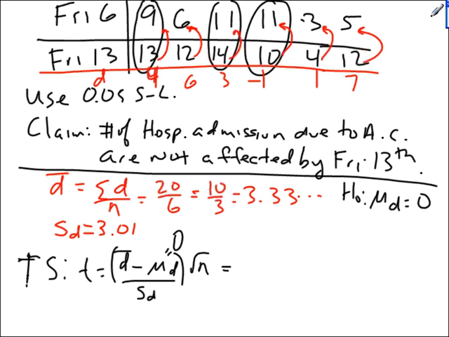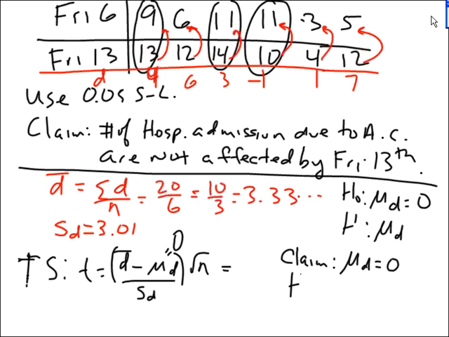Mu sub D is 0. The claim is that it's not affected, so the claim says that mu sub D is 0.